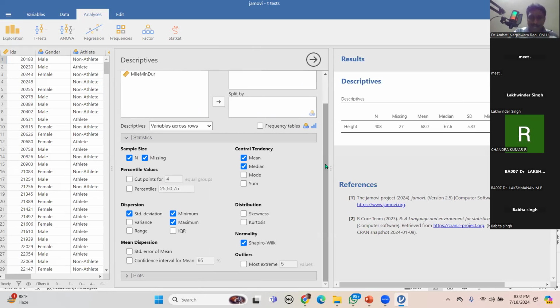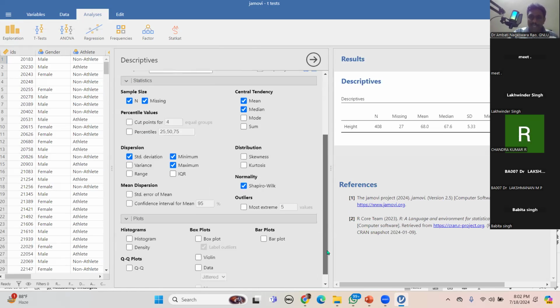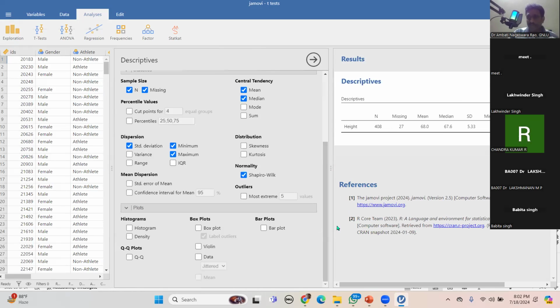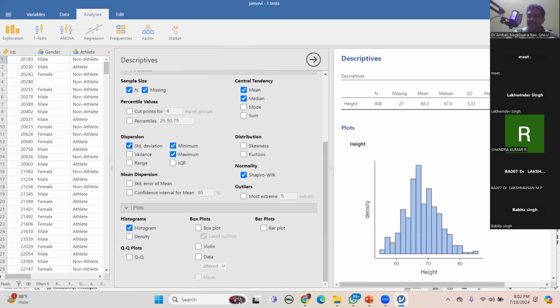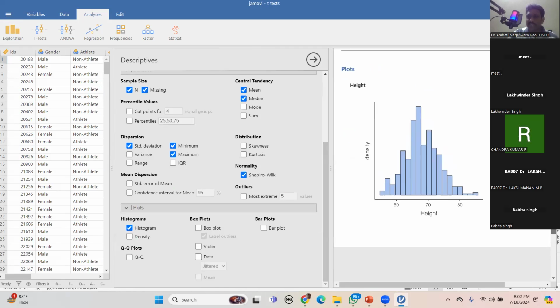Now, in addition to the Shapiro-Wilk test, we also have certain plots. As we are doing this for the first time, we'll explore for this particular height how the histogram is presenting, whether it's showing any outliers, and how data is distributed. One can see that bell-shaped curve, so I can understand that data is distributed normally.